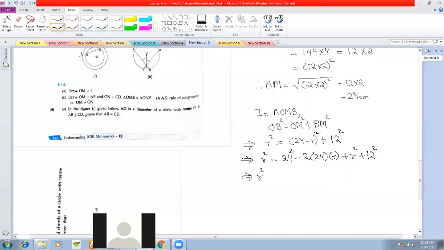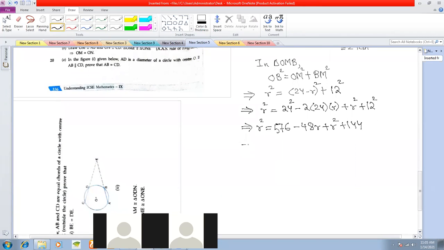That means R square is equal to, now how much is 24 square? 24 square is 576. Yes. 576 minus 48R plus R square plus 144.